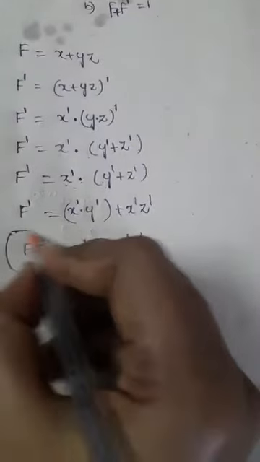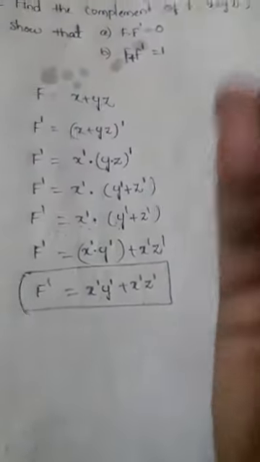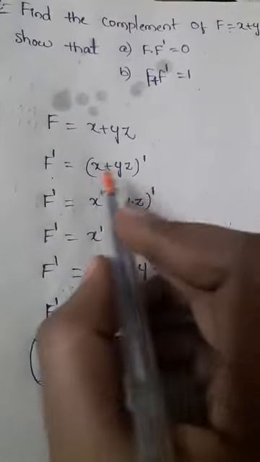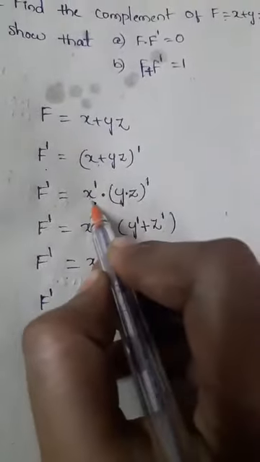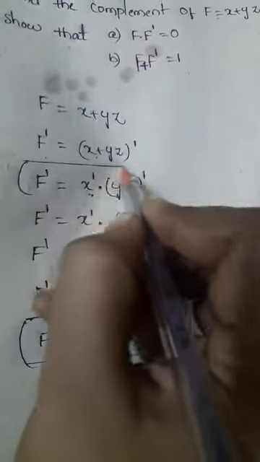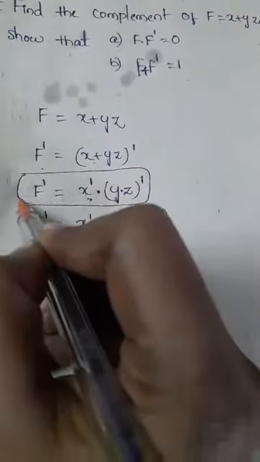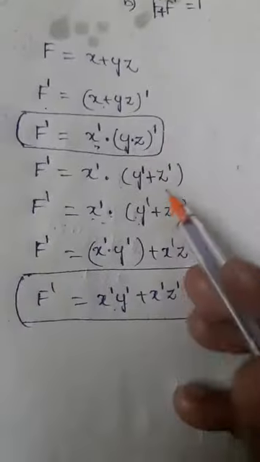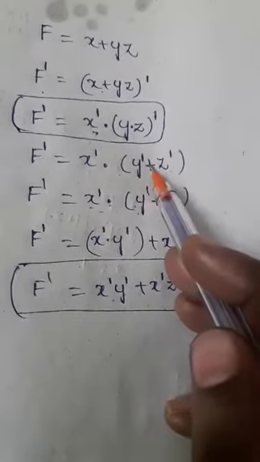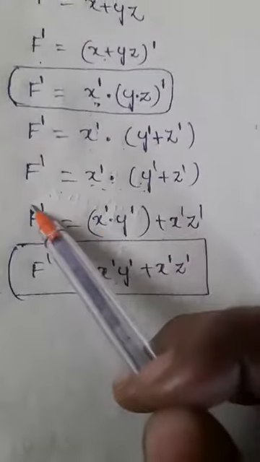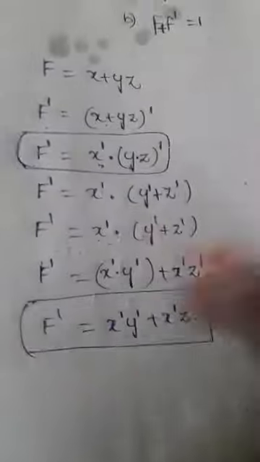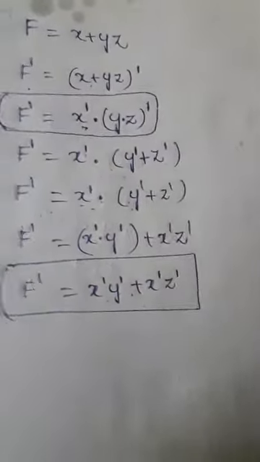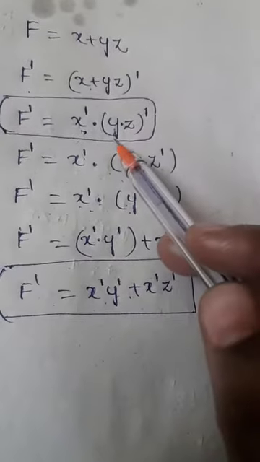This is the F complement function, or otherwise you can use this form also, which we get by applying the complement to these two terms. Depending on the problem and how you are solving it, you can use this formula or this formula, no problem. All of these are equal to F complement.